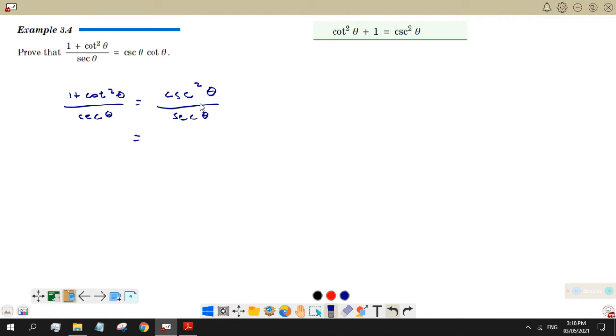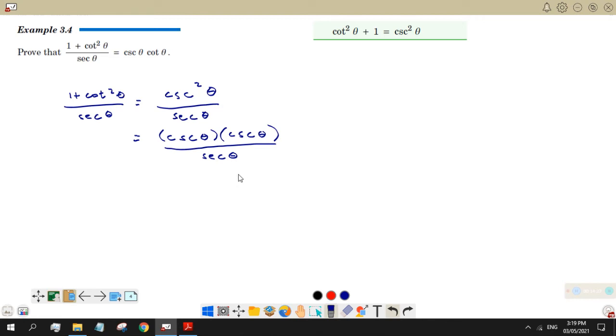So, if you will take notice here, pwede na natin makuha si cosecant theta. How? All we have to do is to factor this out. Kasi dalawa yung cosecant theta natin dito since naka-square siya. We can write it as cosecant theta times another cosecant theta. And then for the denominator, we have secant theta.